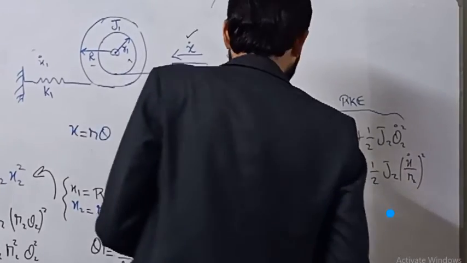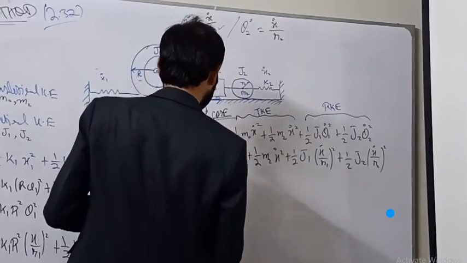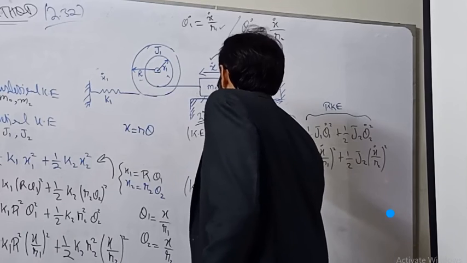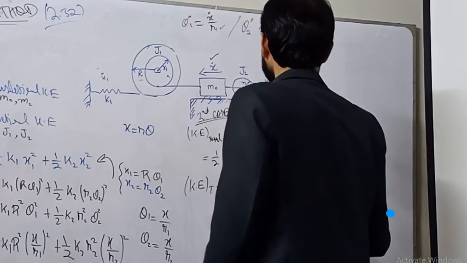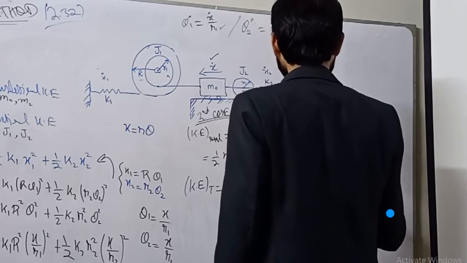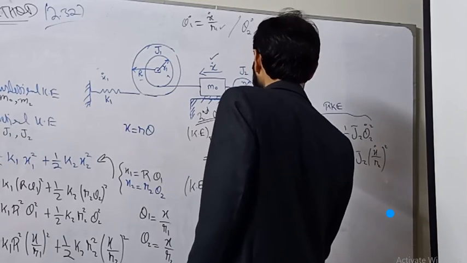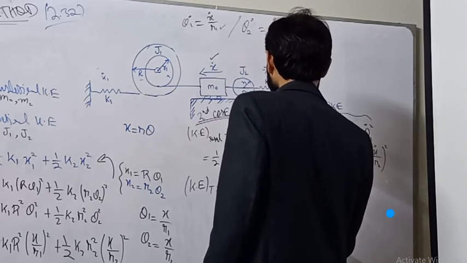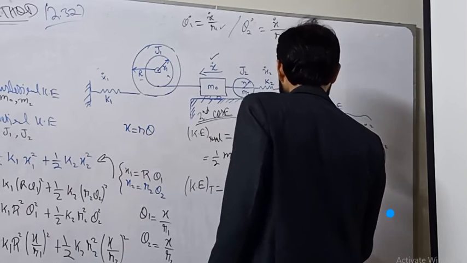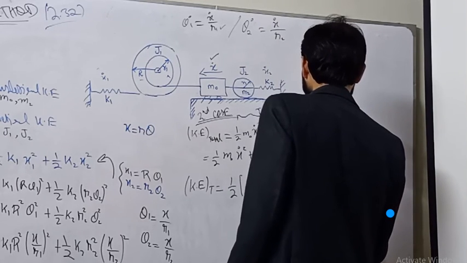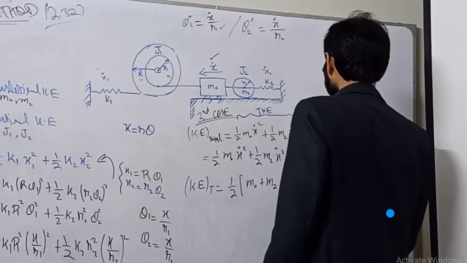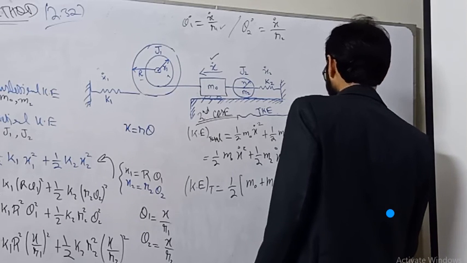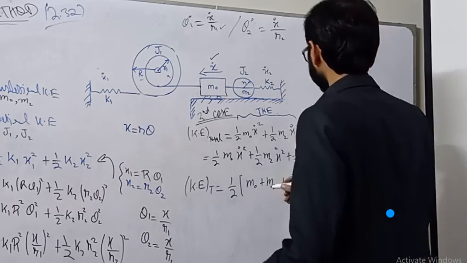Now please separate out all the terms. We have the total kinetic energy T, which is equal to, separating out all the associated terms, half common from all of them: m naught plus m2 plus J1 over r1 square, that is small r1 square, plus J2 over small r2 square, and at the end a common term x naught square associated with the square of the velocity.